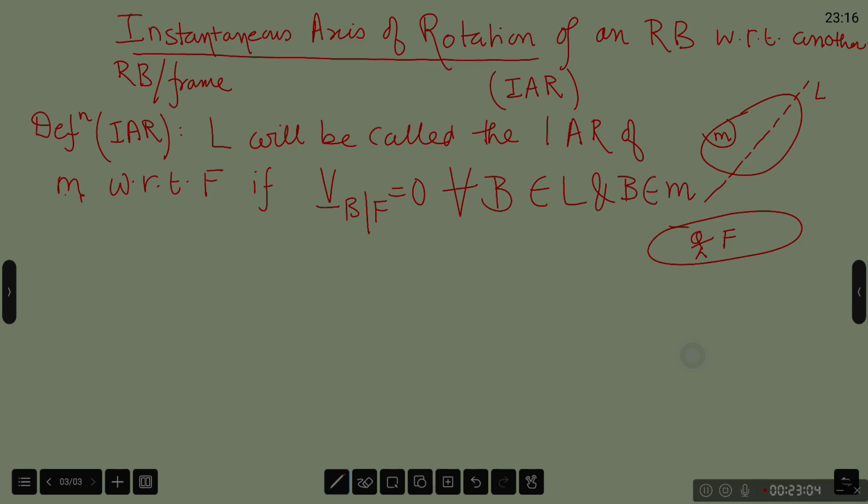This is the definition. So if L is the axis of rotation, this point B and all such B points on this line or axis will have VBF 0. The definition is quite simple.